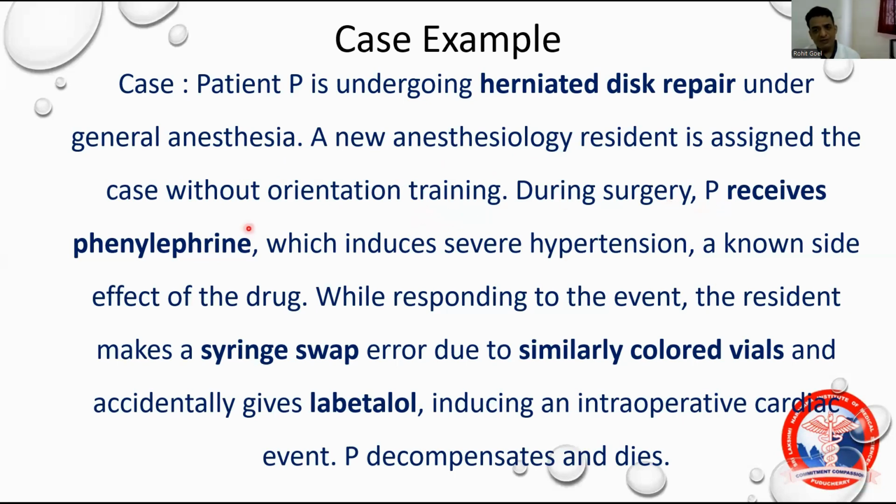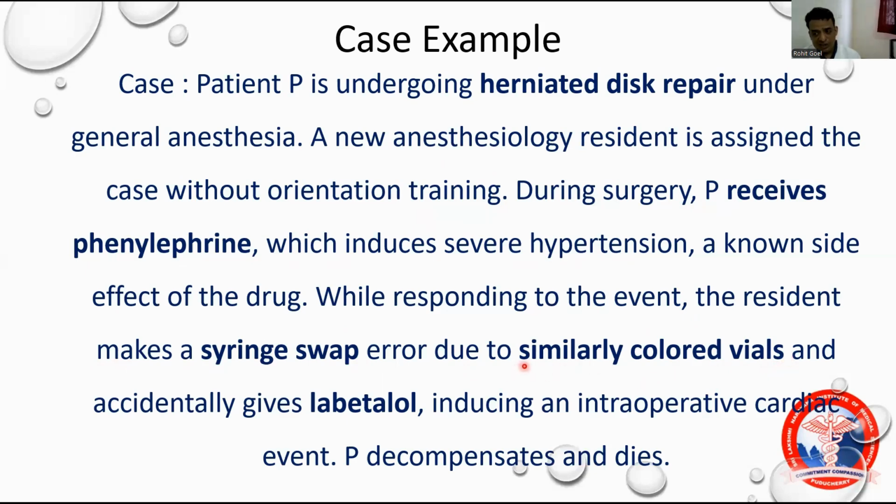During surgery, P receives phenylephrine, which induces severe hypertension. That is a known side effect of the drug. While responding to the event, the resident makes a syringe swap error, due to the similarly colored vials.